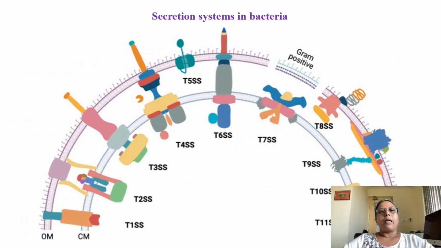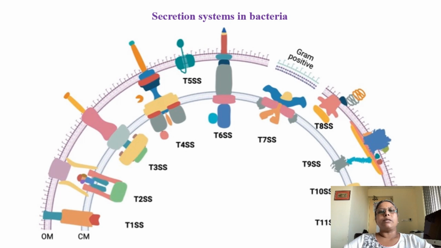Besides these basic proteins that we have already mentioned, gram-negative bacteria utilize a number of dedicated protein secretion systems to transport proteins across 1, 2 or 3 phospholipid membranes, as the case may be. Some proteins are secreted in a 2-step manner through the SEC or the TAT dependent mechanisms, as is shown over here.